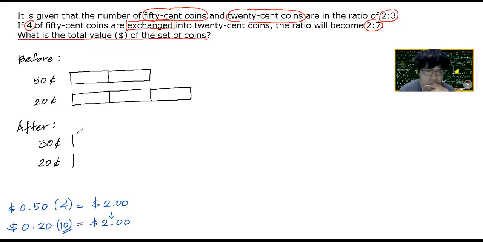To make it 2 is to 7, you need to draw two bars for 50-cent coins, and then the 20-cent coins will become 7 bars. Okay?